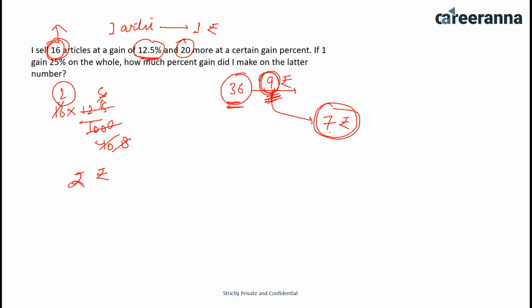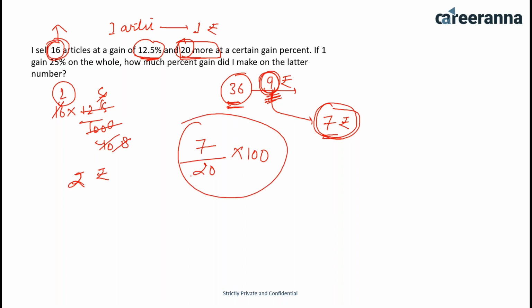Because I already have 2, I need 7. That has to come from the later part, that is 20 more articles. So on 20 articles, 7 is what percentage of 20?